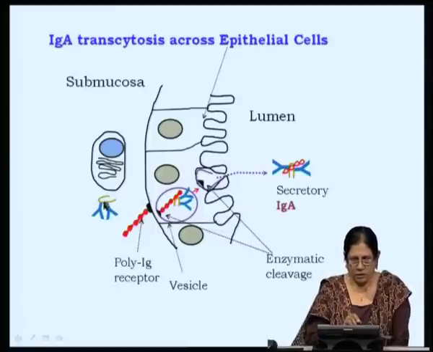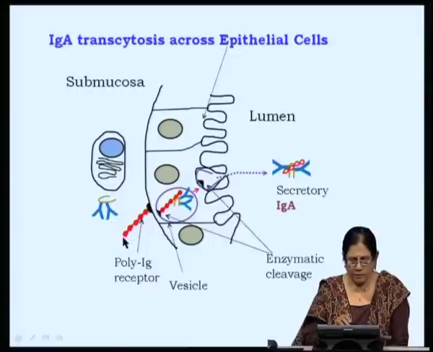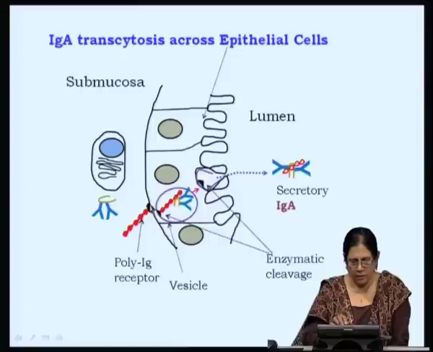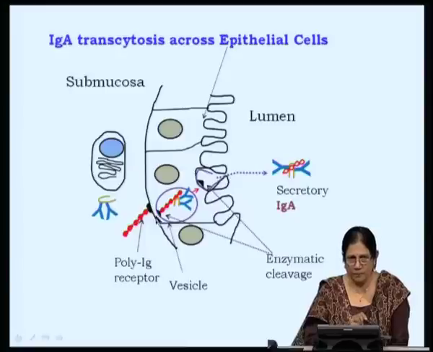So, this is IgA synthesized, the dimer now binds to the polyimmunoglobulin receptor, triggering receptor mediated endocytosis of the entire complex. In the vesicle, there is cleavage of the immunoglobulin receptor.